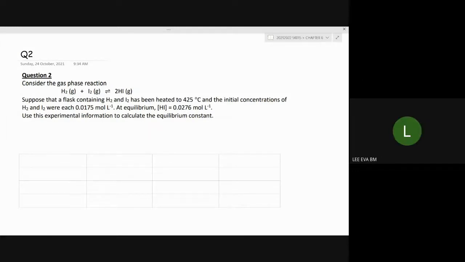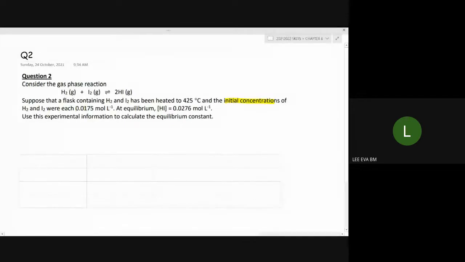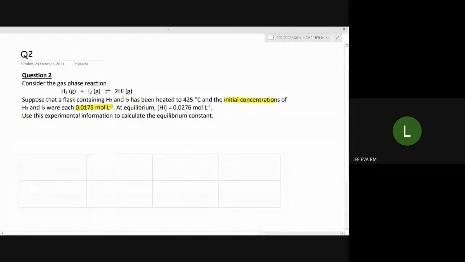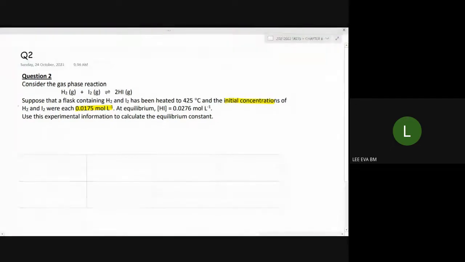So the question says, suppose that a flask containing H2 and I2 has been heated to 425 degrees Celsius, and you have the initial concentration, which is 0.0175 mole per liter. Okay, so initial concentration adalah untuk H2 dan I2.